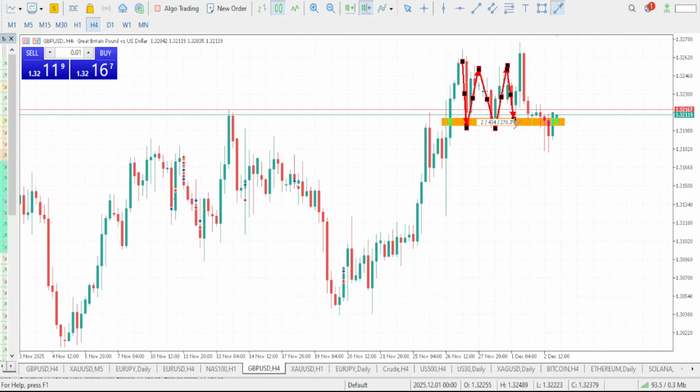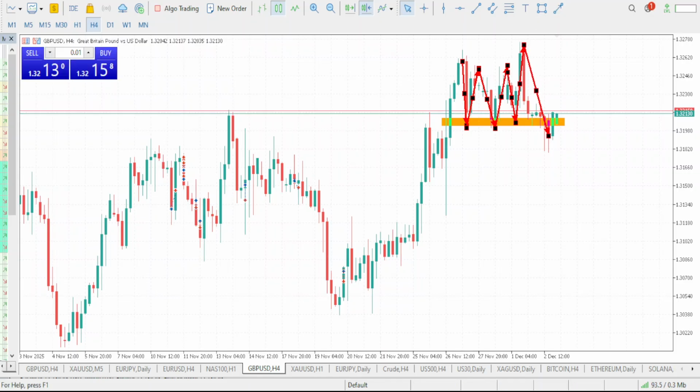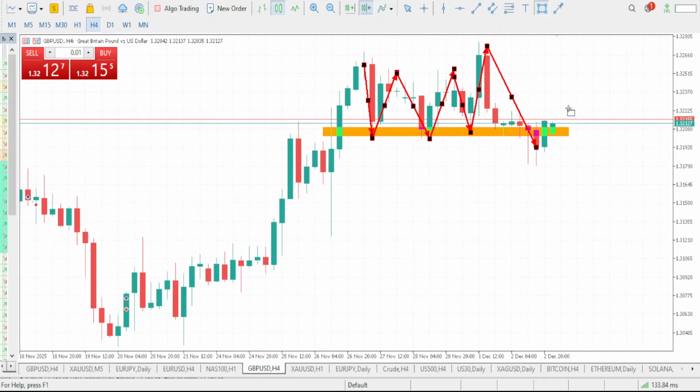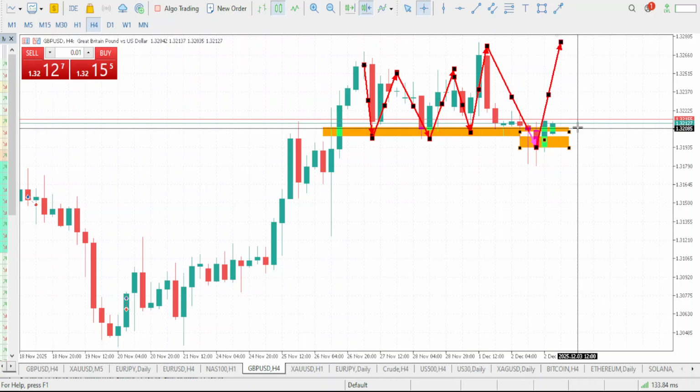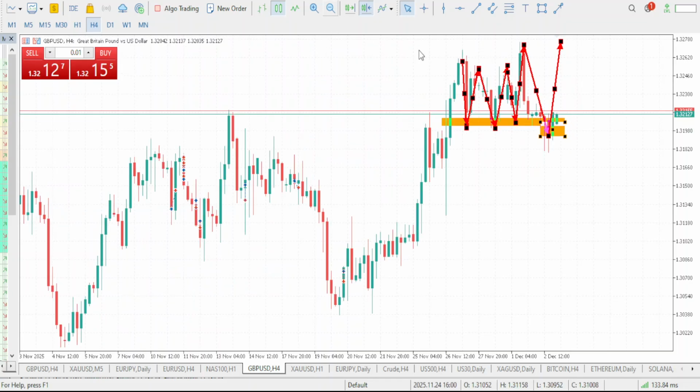It came back to retest again, pushed up again, rejected. The market came back to retest, and now we'll be expecting the market to reject from this level again and push up. So another forecast is a movement to the upside. With this movement, possibly we will be grabbing between 60 to 70 pips potential movement on GBP USD.